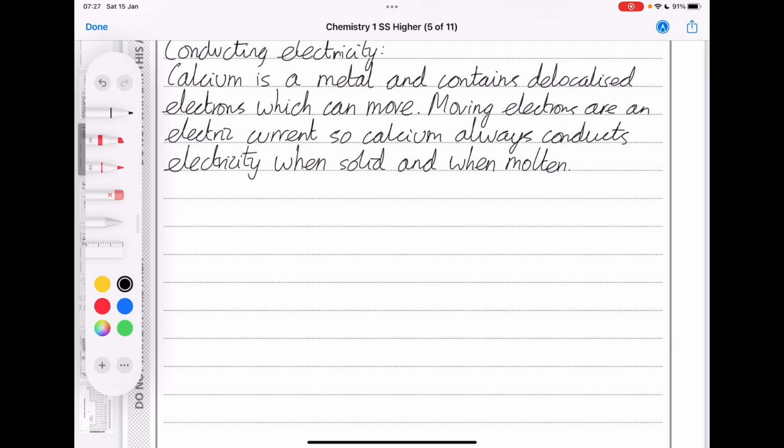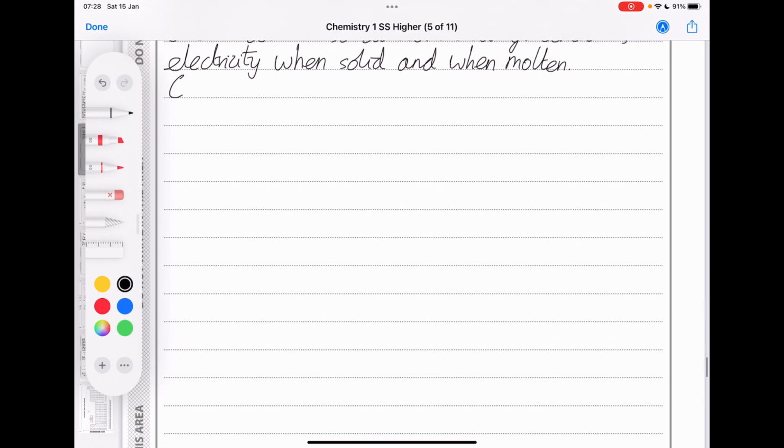Okay. Chlorine is a covalent molecular substance.